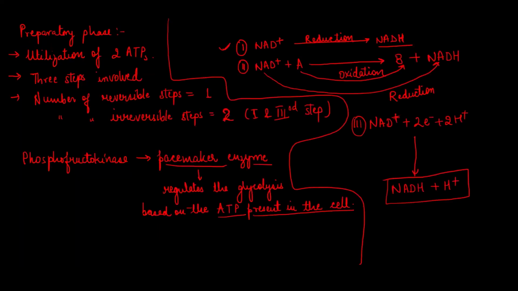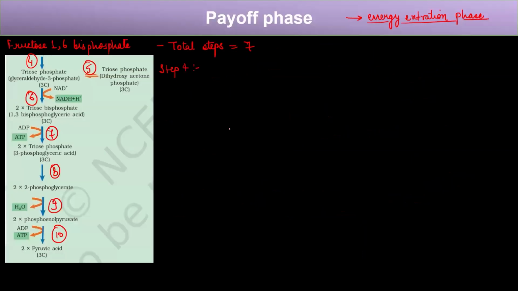One thing to remember is that till now in the preparatory phase, everything was a 6 carbon compound, right? So in the preparatory phase, all products are 6 carbon compounds. But in the payoff phase, whatever you will see, everything will be a 3 carbon compound.